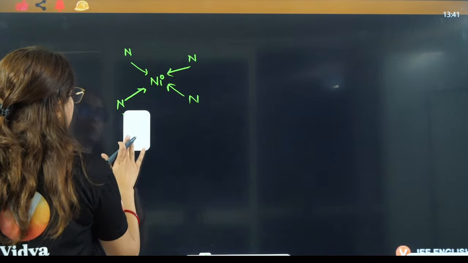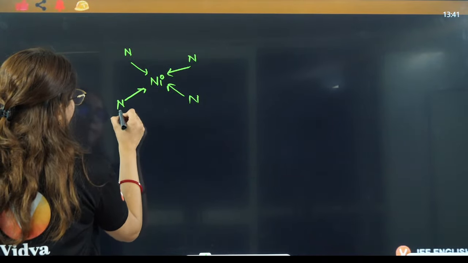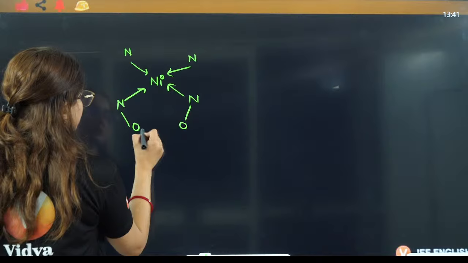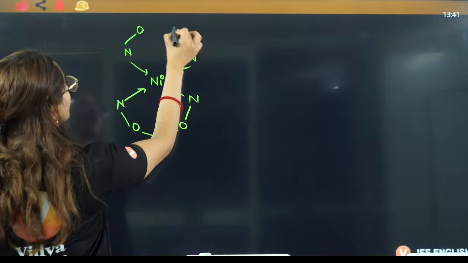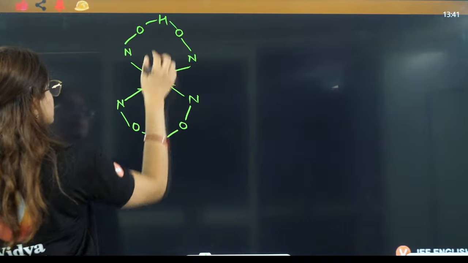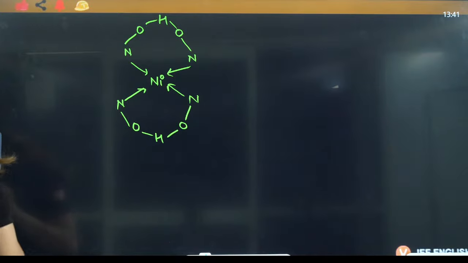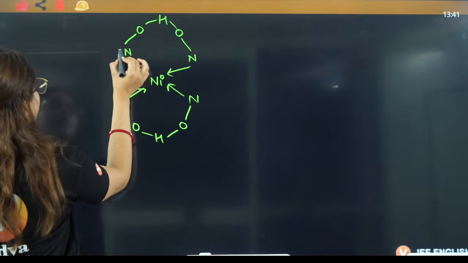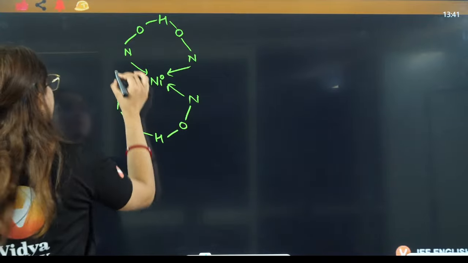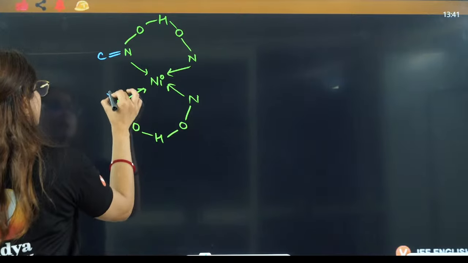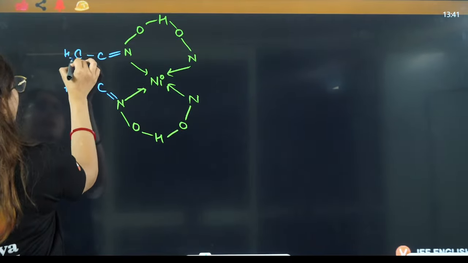this is O, H, O, H. Okay, this is the glyoxime part. Now I'll draw the dimethyl part. Okay, the dimethyl part is this one. If you have, wait a minute, double bond C, this is CH3, this is CH3.